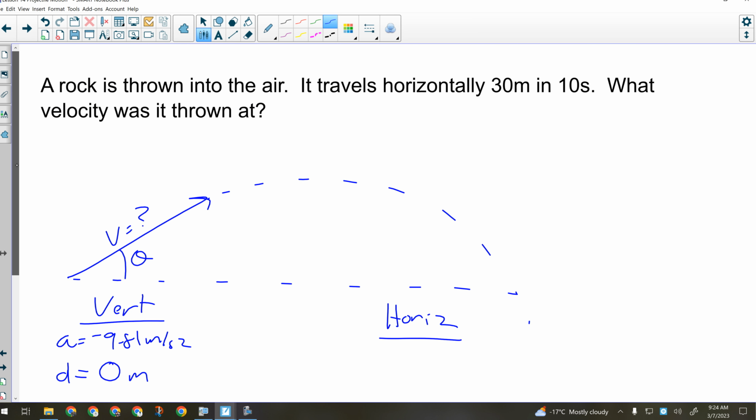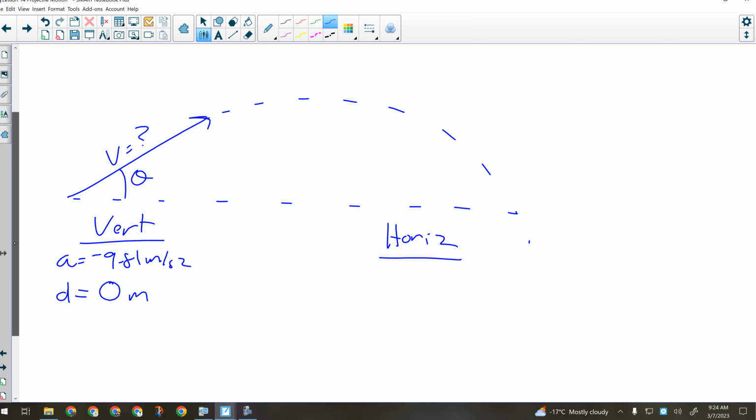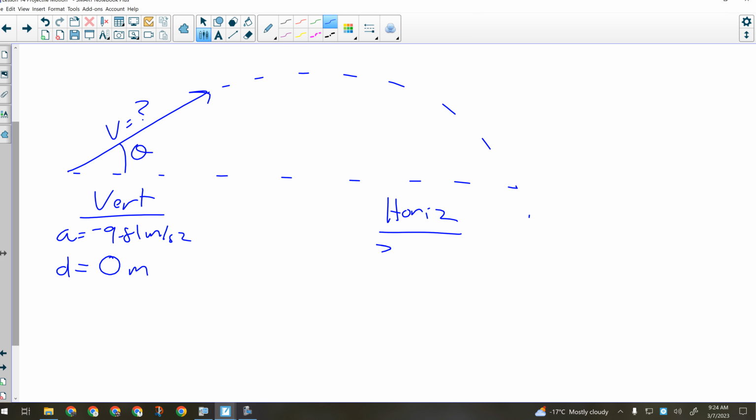They tell us that horizontally, the object travels 30 meters in 10 seconds. Now, that time can also go here. Everybody all right with that?